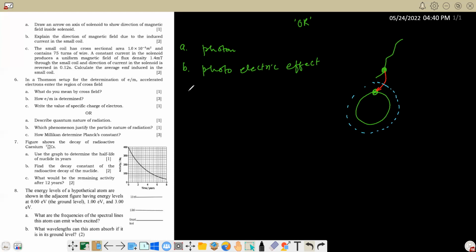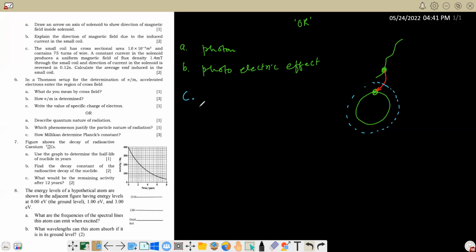Okay, question number C. In C, what we are given is how Millikan determined Planck's constant. So from Einstein's photoelectric effect, you just draw a diagram because it is asked for 3 marks.